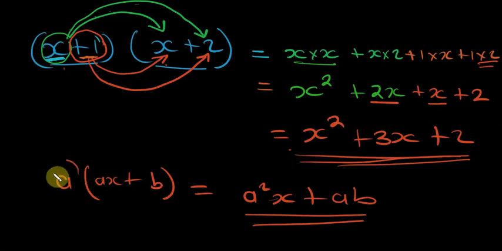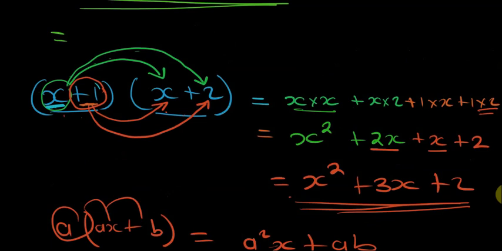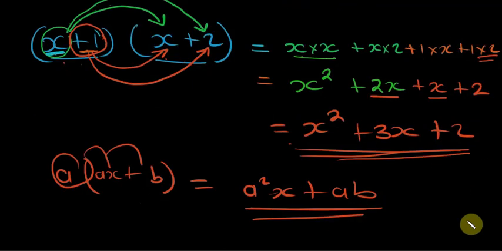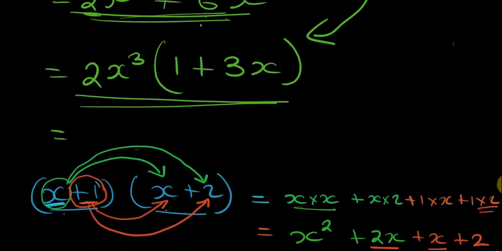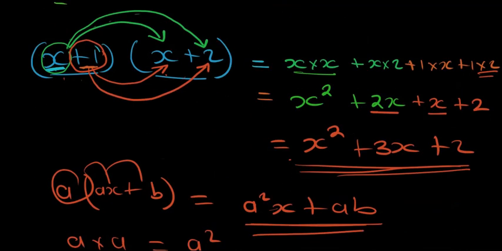So a monomial multiplied by a binomial gives you a binomial. A binomial multiplied by a binomial gives you a trinomial. A monomial multiplied by a monomial, a multiplied by a, gives you a squared, which is a monomial. Alright, cool. So that's it for multiplication.